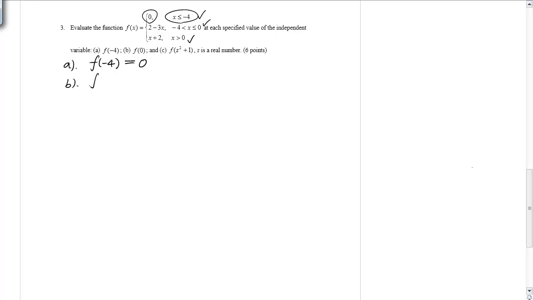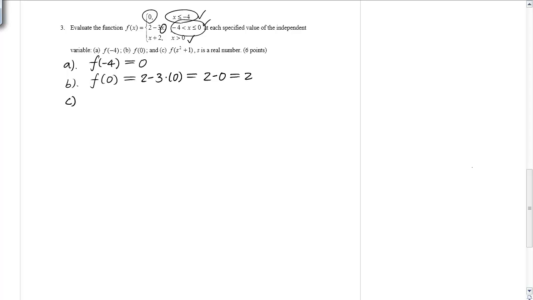B, evaluate f(0). When x equals 0, again, when we examine the functions, we realize that the second equation applies. To evaluate that, we understand that x is like a placeholder in a function. Therefore, we need to replace all the x with its value. In this case, we replace this x right here with 0, and that equals 2 minus 0, which is simply 2.